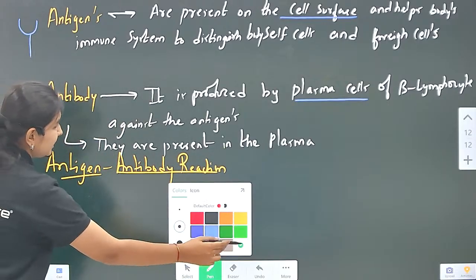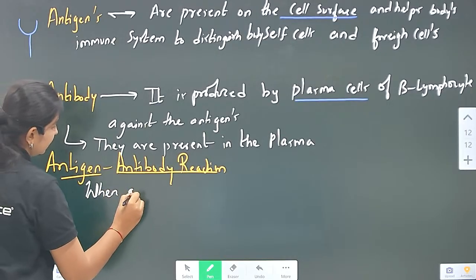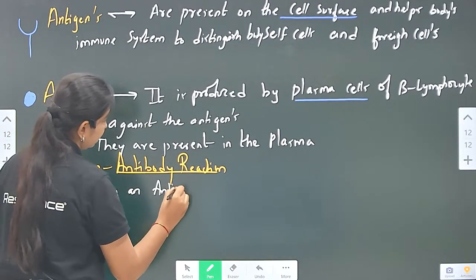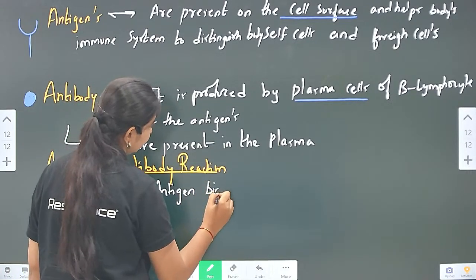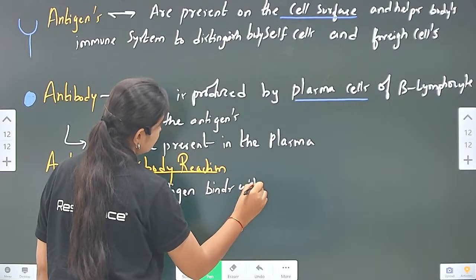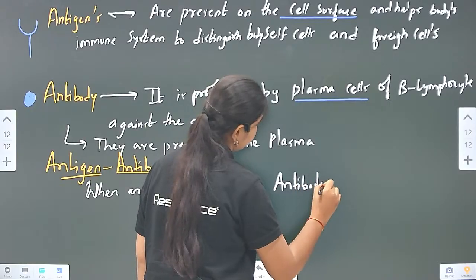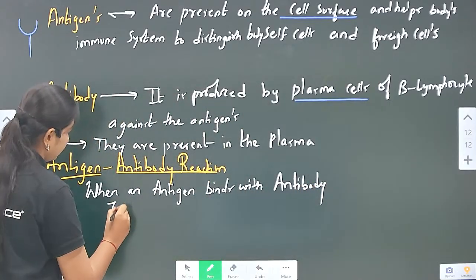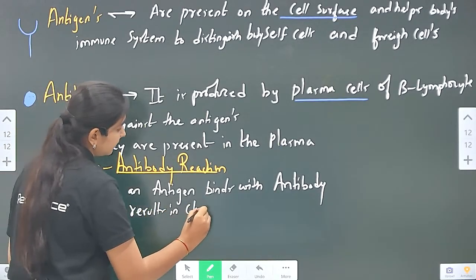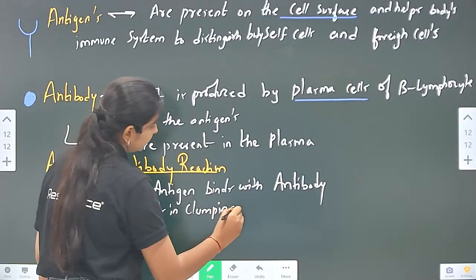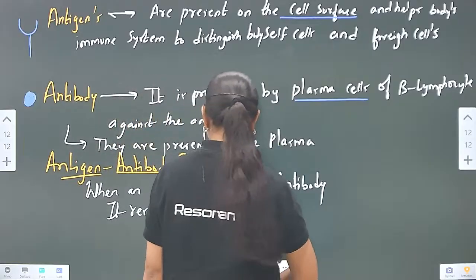Now what happens in the antigen antibody reaction? When an antigen reacts or binds with the antibody, it results in clumping. How exactly will it happen?